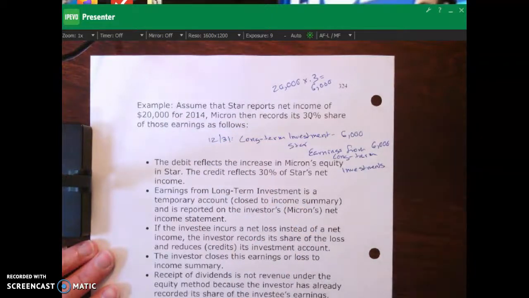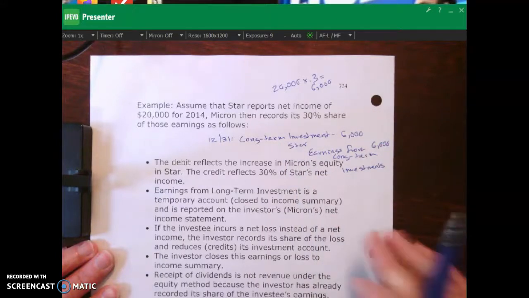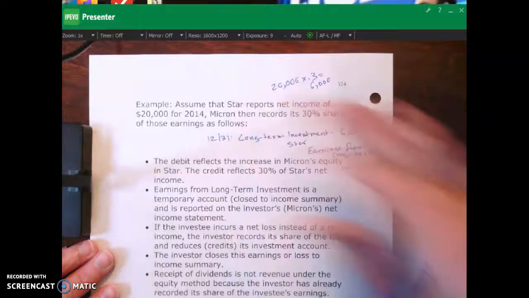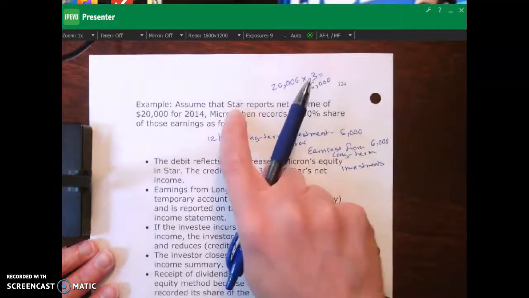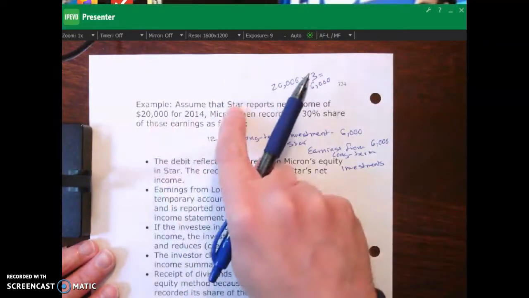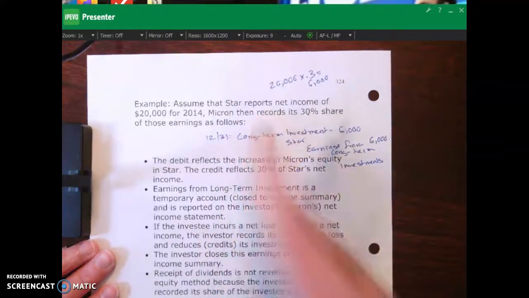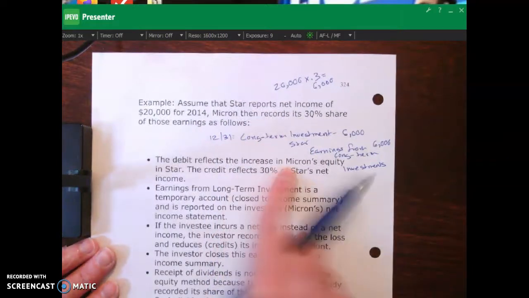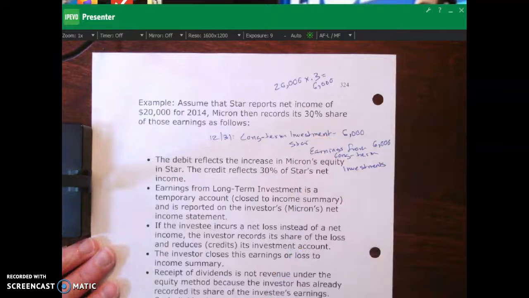And remember, when we talk about closing journal entries, we would close our revenues and expenses to income summary, and then income summary into our capital account, in this case, because it's a corporation, into retained earnings. So basically that increase in retained earnings because of this income is increasing Star's equity. Micron gets 30% of that, so the $6,000.